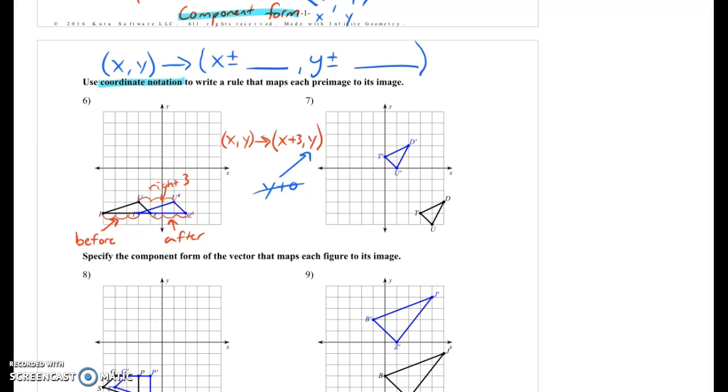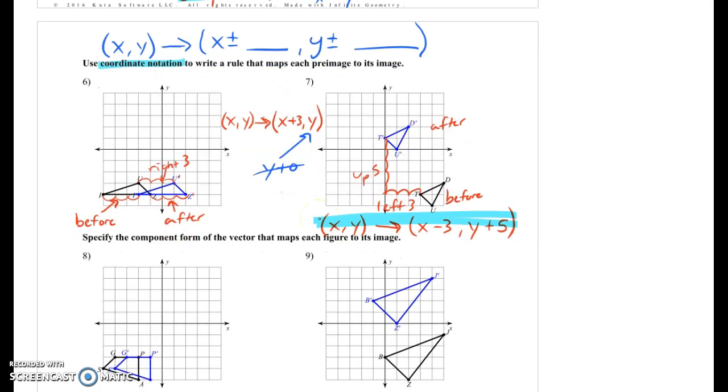Go ahead and try number 7 on your own. Remember, this is before, and this one is after. T went 1, 2, 3. 1, 2, 3, 4, 5. Left 3, up 5. Write the notation, and this is what you should have gotten.